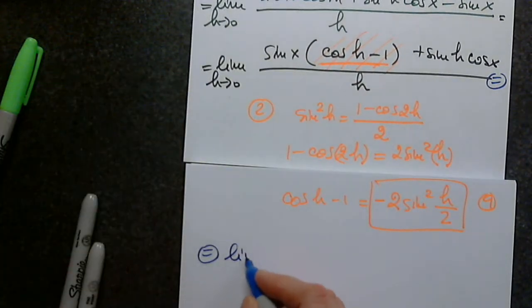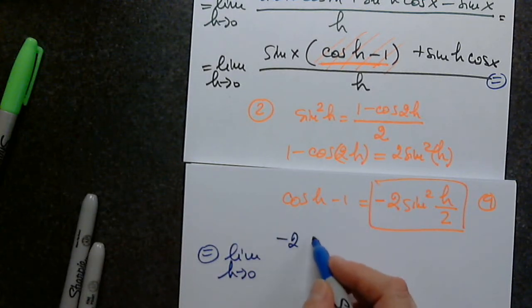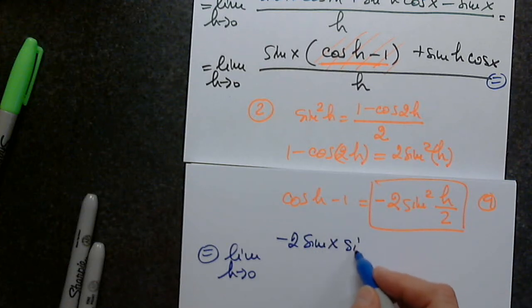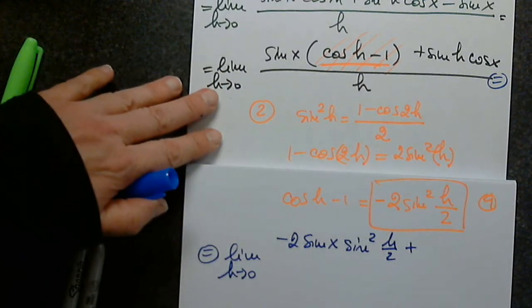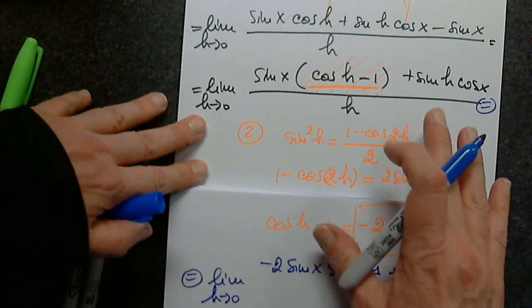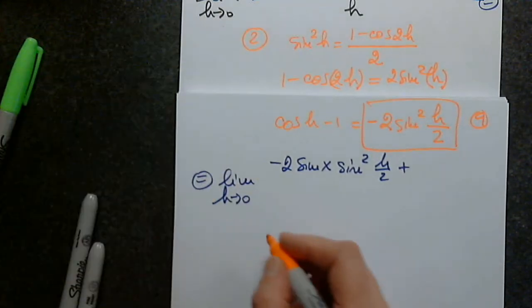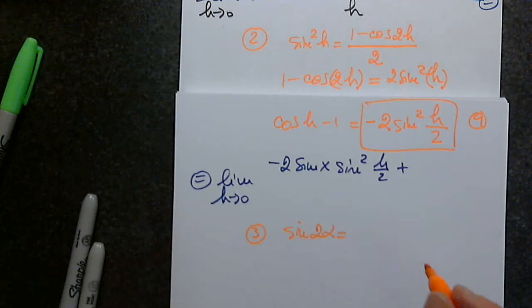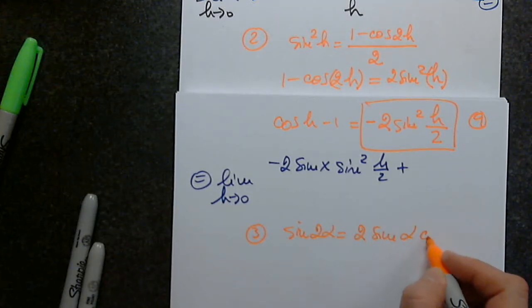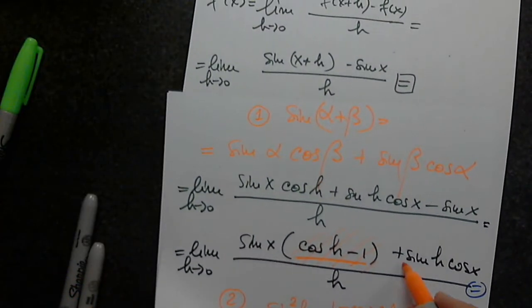Limit as h approaches 0 from -2 sine x sine squared h over 2 plus... Don't write the rest because I need to show you the third identity that I need to use. And that is sine twice alpha, which is 2 sine alpha cosine alpha. I am now, of course, triggering this.